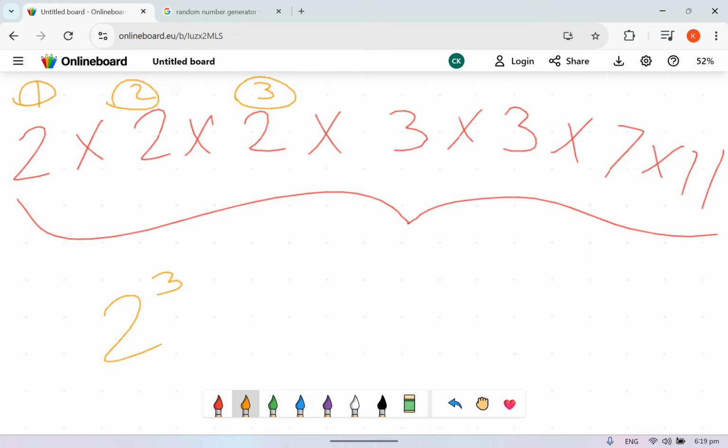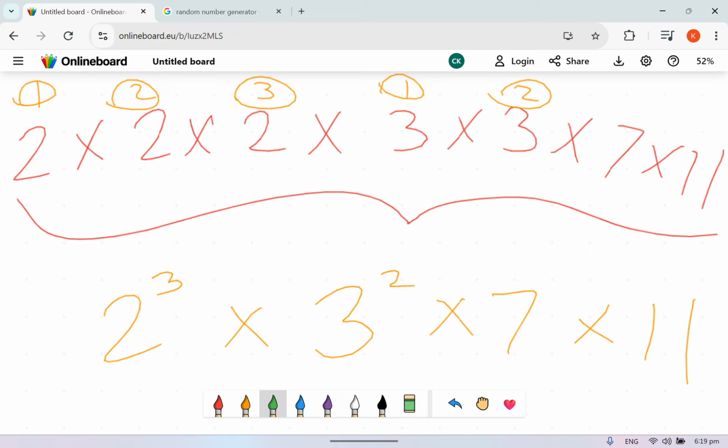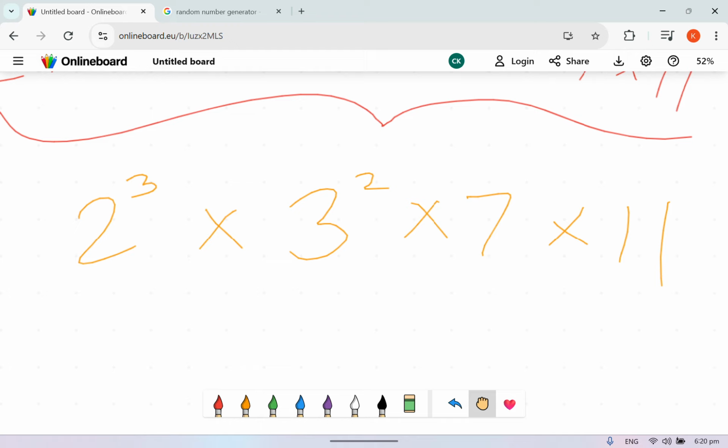Like so. 1 time, 2 times, so express it as this. Then if there's nothing, you just put it here. Of course, you can also put like 7 to the power of 1, 11 to the power of 1. But 7 to the power of 1 is just 7, 11 to the power of 1 is 11, so there's no point. So basically, this is called index notation.